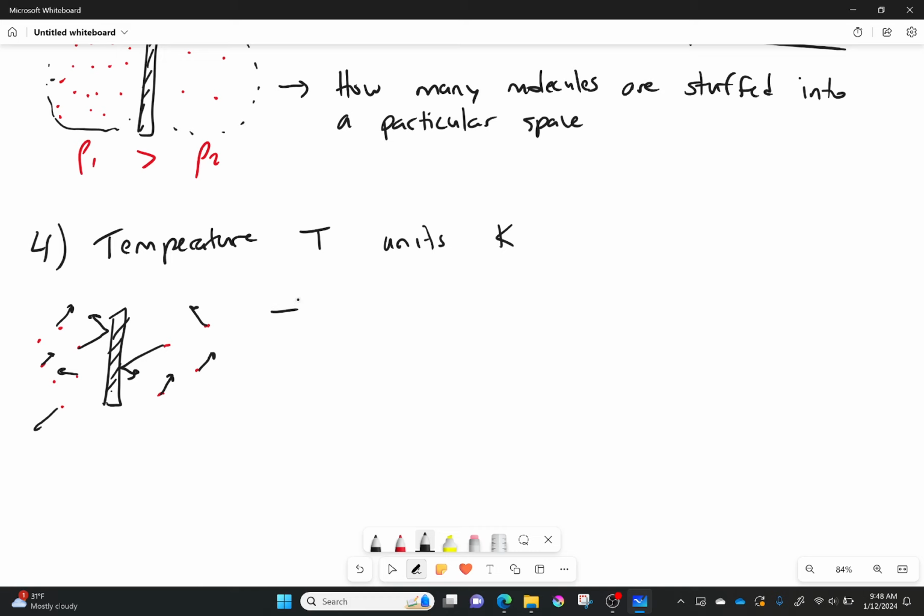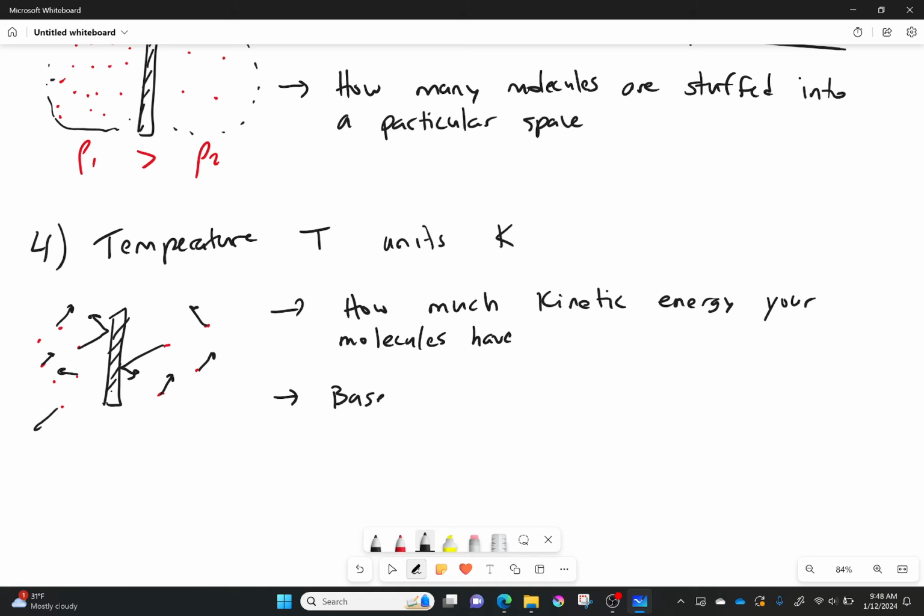So temperature is how much kinetic energy your molecules have, and it's based on molecular velocity, not on your flow velocity.